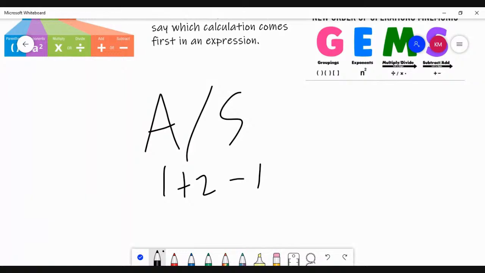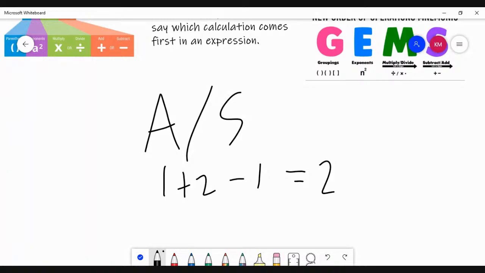From left to right, I have 1 plus 2 is 3, and then 3 minus 1 is 2. The same rules for multiplication and division are the same rules that you have for addition and subtraction. From left to right, after you have multiplied and divided, you then finally add or subtract.